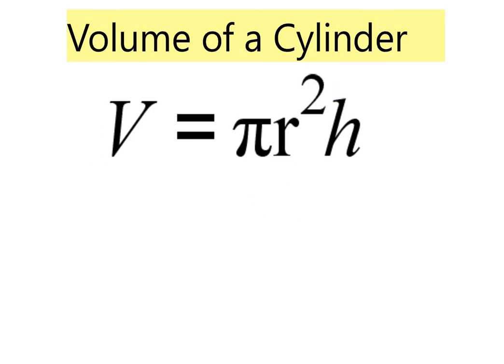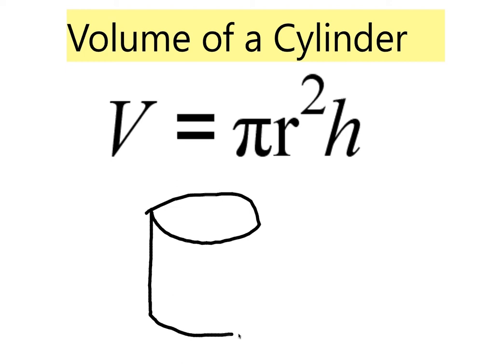Okay. Next we're going to talk about the volume of a cylinder. And I will explain this one, actually. This one might not be as straightforward as far as the volume goes. So what I'm going to do is just draw a cylinder and explain why this formula works.